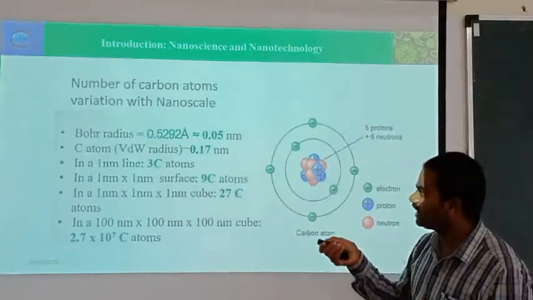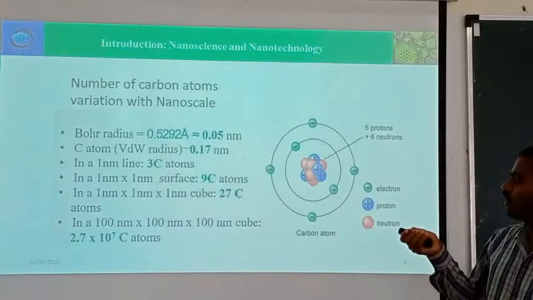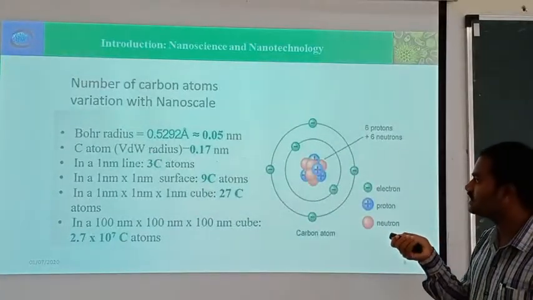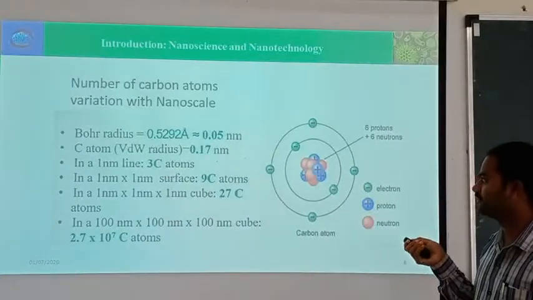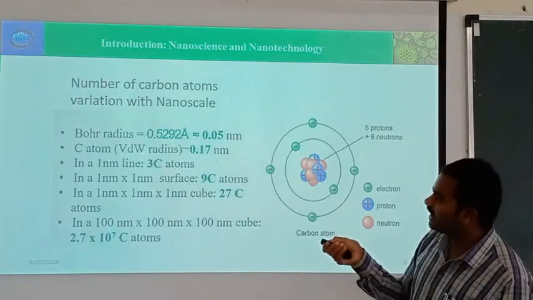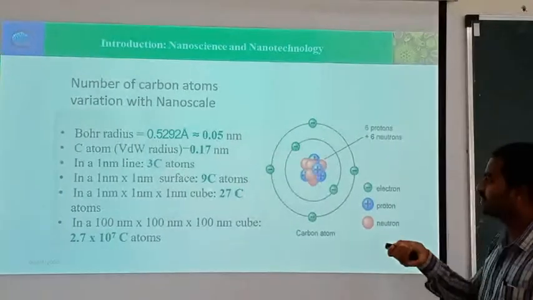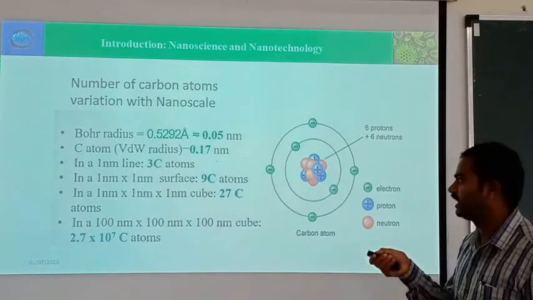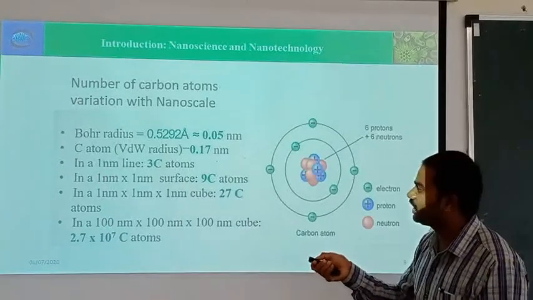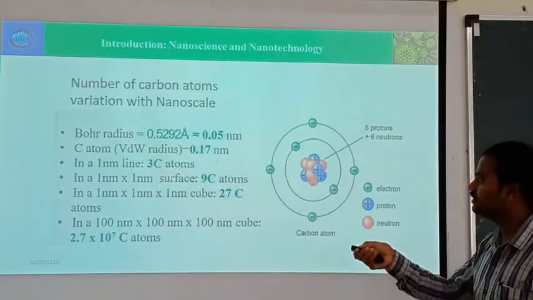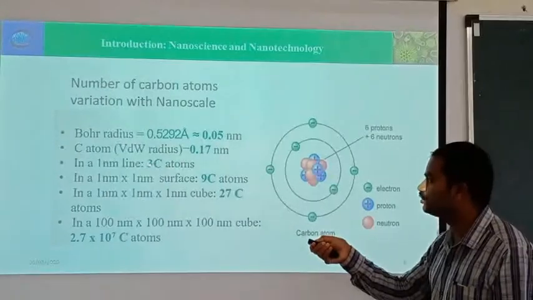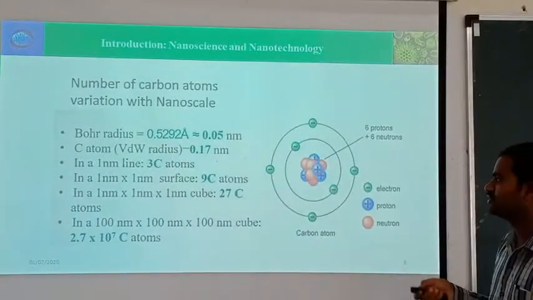Now consider the carbon atom, whose van der Waals radius is around 0.17 nanometer. Along a 1 nanometer line, 3 carbon atoms are situated. On a 1 nanometer by 1 nanometer surface, 3 times 3 is 9 carbon atoms.